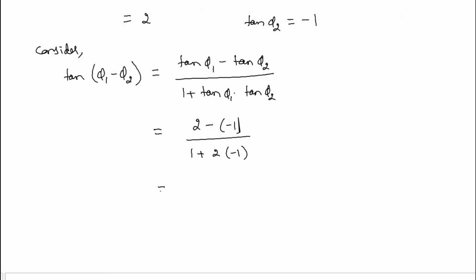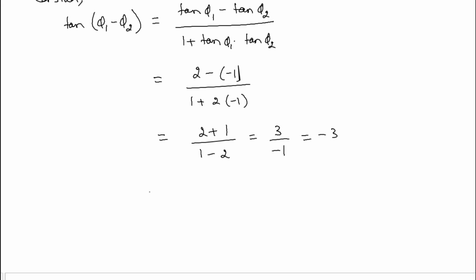So we get 3/(−1), which is minus 3. So tan(φ1 − φ2) is equal to minus 3.